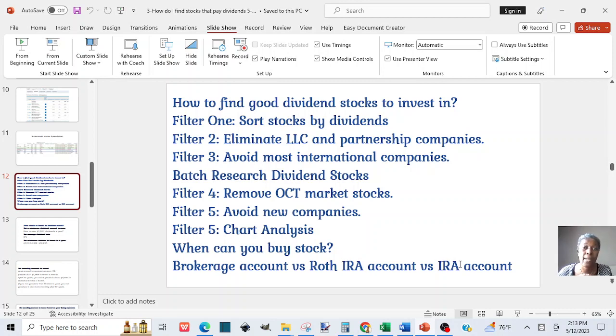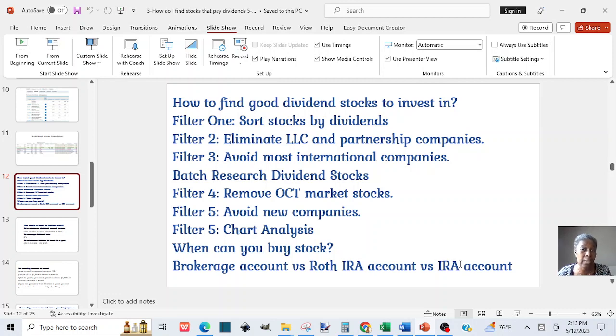So you will get Schedule K1 from those companies, and you will send it to your brokerage firm at their request, and they will file a specific tax return on your Roth because of those LLCs. So that's why I do not like those LLCs.